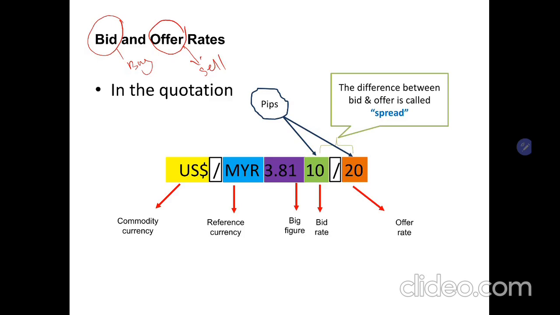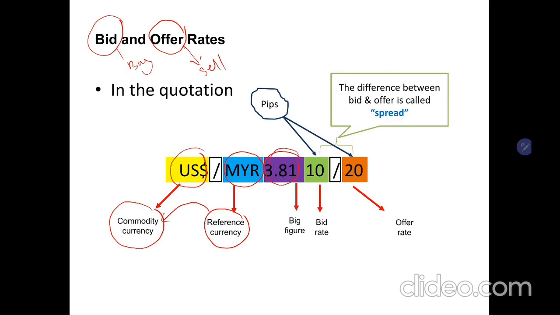When we look at the quotation here, we have USD as the commodity currency, which is the currency that comes first in the quotation, and MYR is the reference currency, which is the currency that gives price to the commodity currency. 3.81, the first three figures. Normally in a quotation we quote the price of the currency to 4 decimal points.